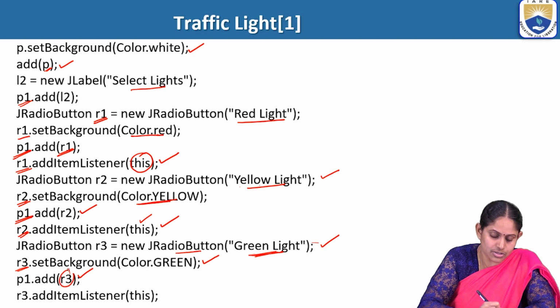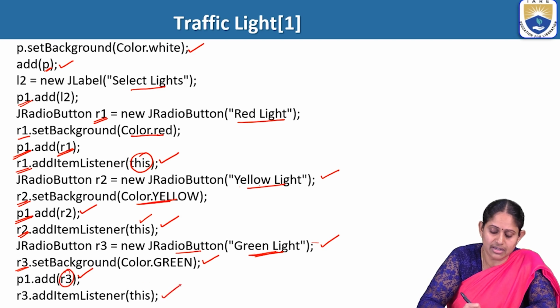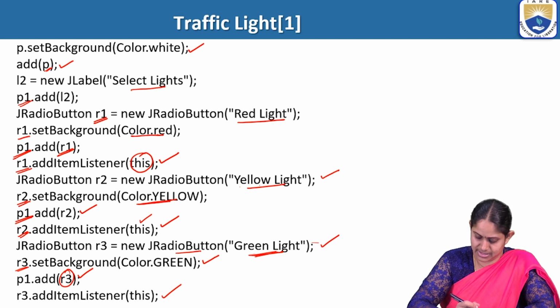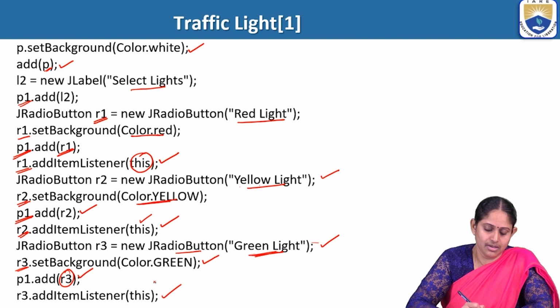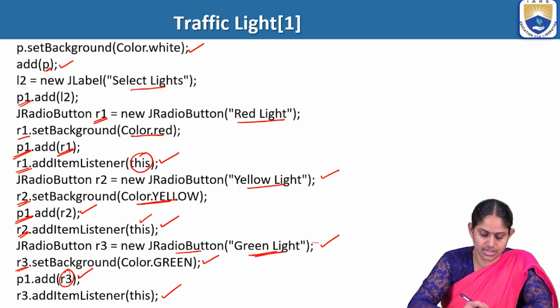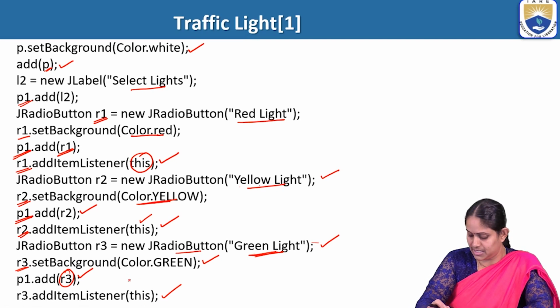That R3 is also getting registered with the item listener interface. So when we click any of those radio buttons, the particular message should be displayed.